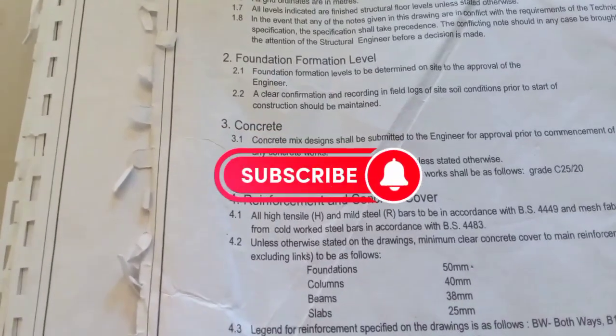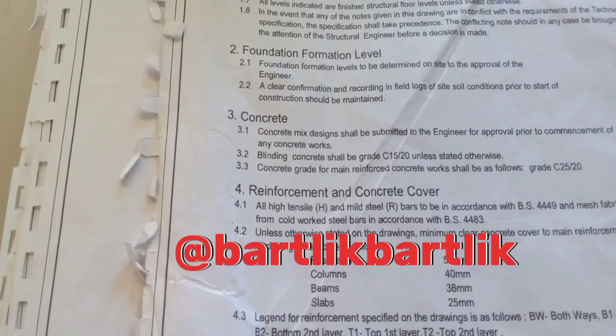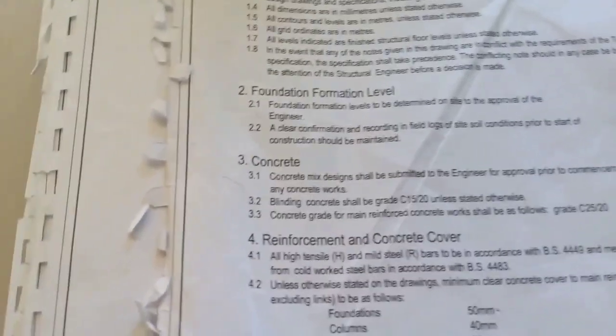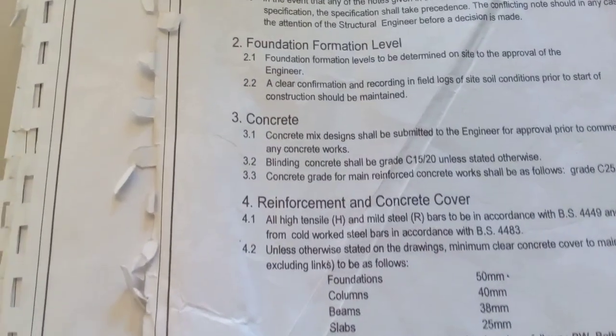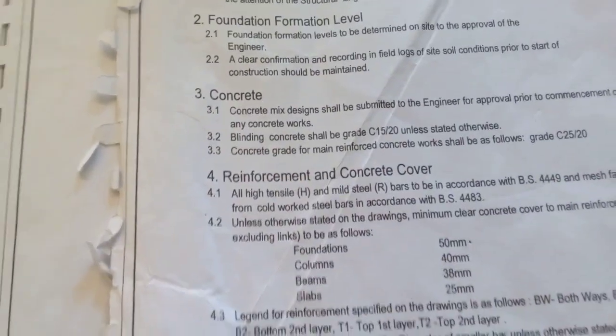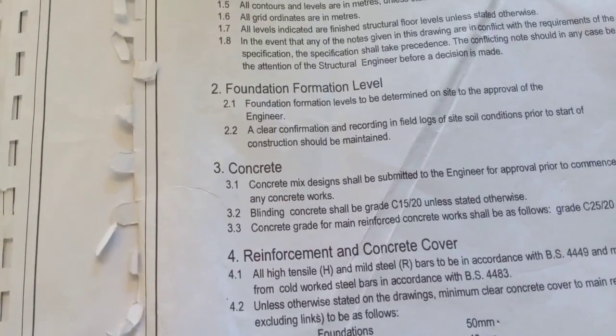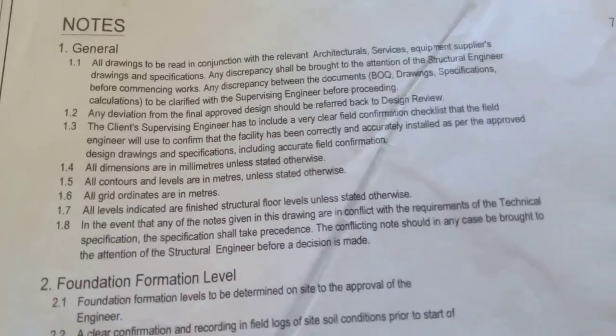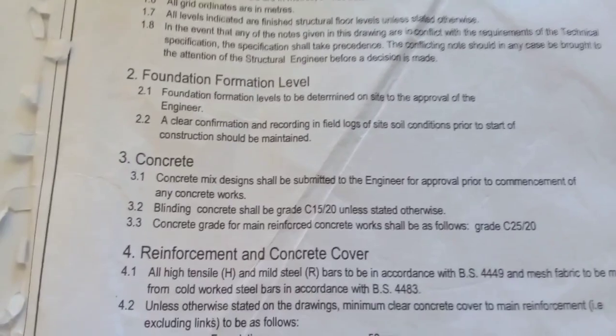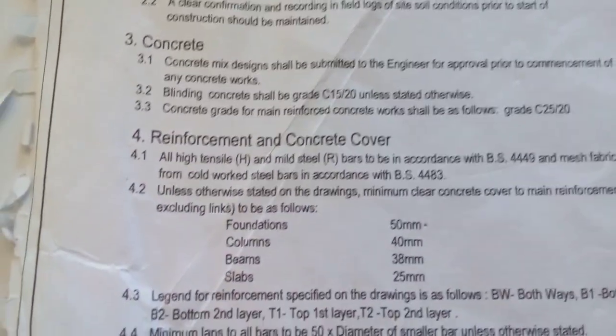rebars. So lap to reinforcement, we are always guided by a certain rule or a certain law, and normally on sites we are given notes in the drawings. Like for example, here we have got notes. These are notes that have been provided on the drawings that we are using on our site.